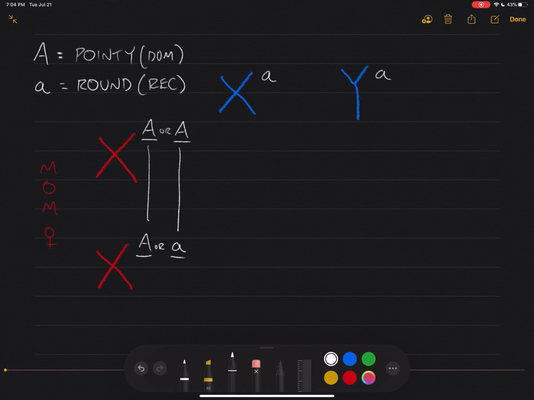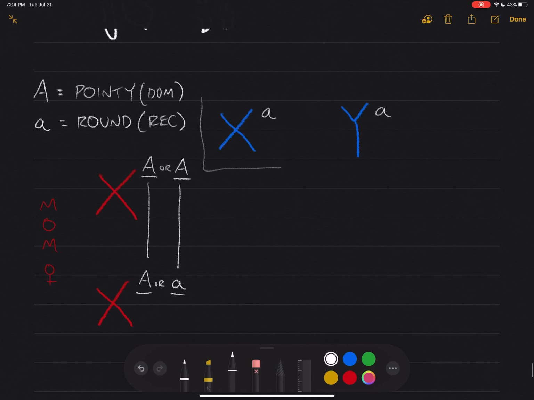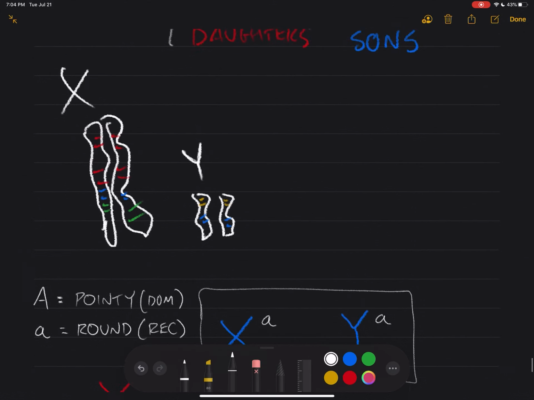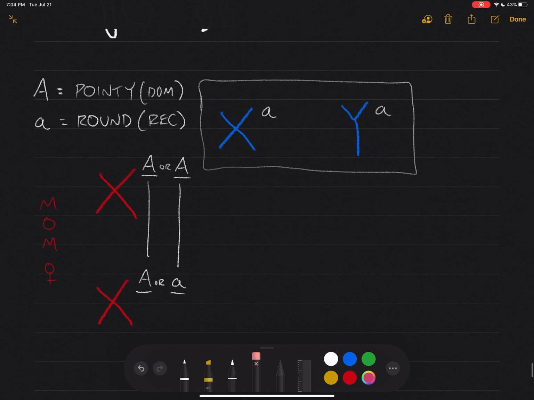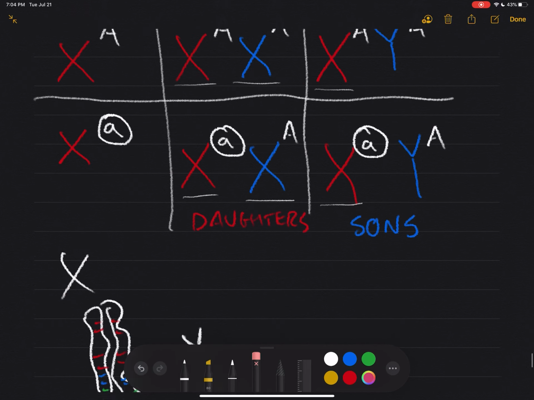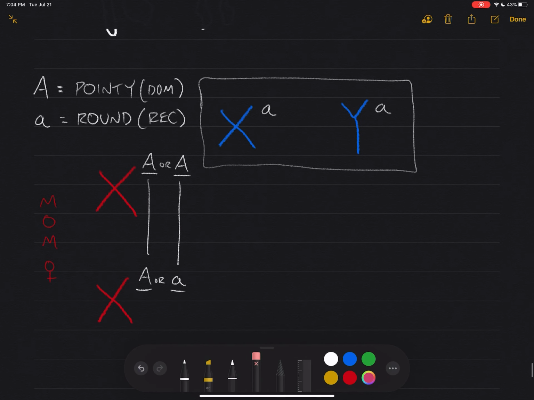Any other combination, and we can pretend just for a second, this is her father. Now, it's on the X gene, and she got an X from her dad and an X from her mom. If her dad had round ears, he had to have a lowercase a on his X and Y. It says the gene is on the X, which is a little confusing in terms of a Punnett square.